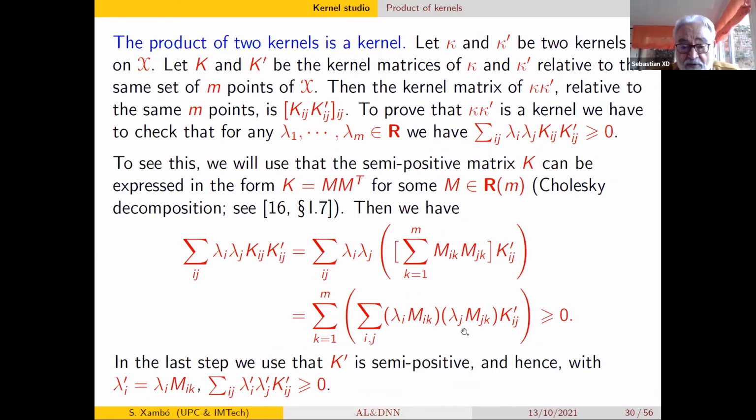And what do you observe here? You observe that this is a lambda i prime, this is a lambda j prime. This is a kernel. Therefore, each of these expressions is non-negative, and therefore their sum is non-negative. So this ends the proof that the product of two kernels is a kernel.